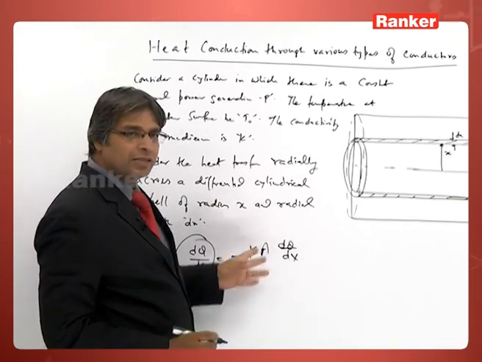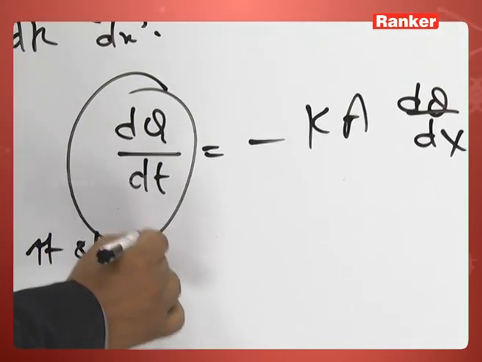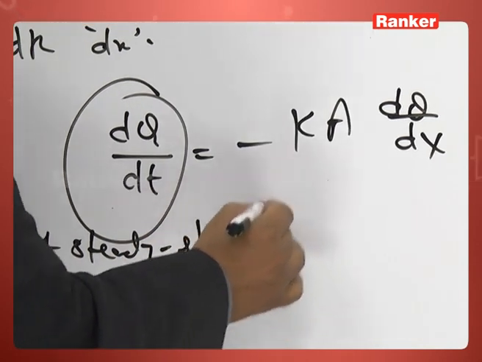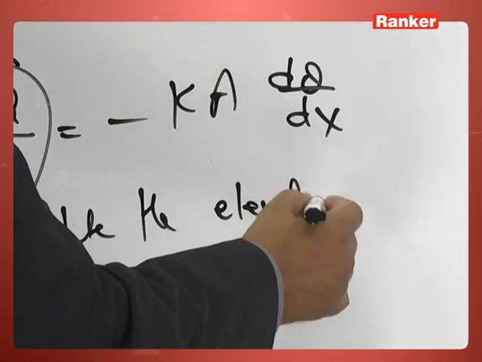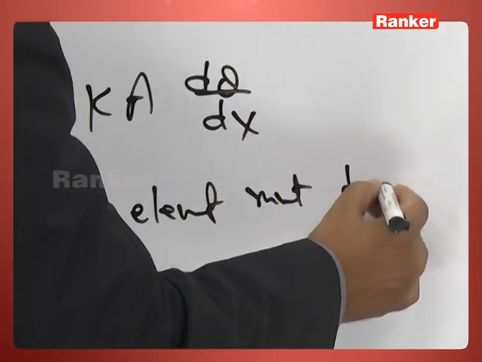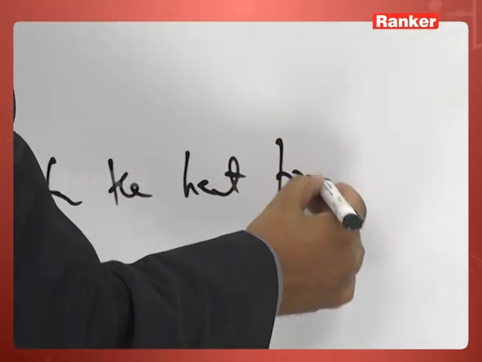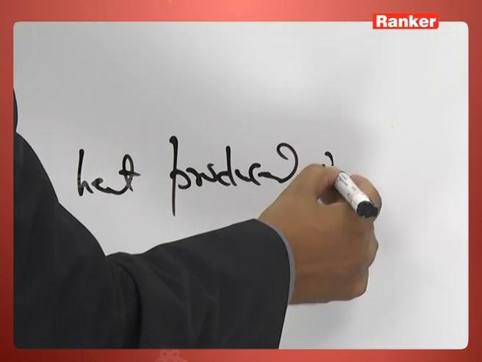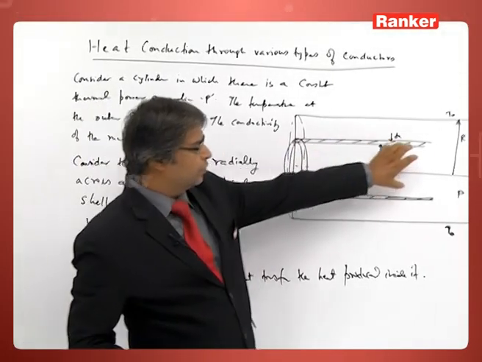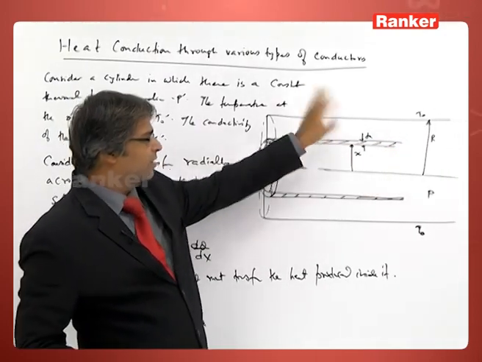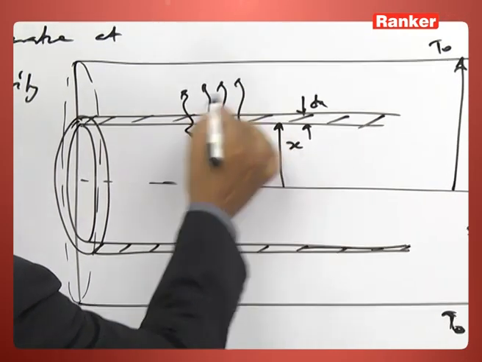This is given by this law, and at steady state the differential element must transfer the heat produced inside it. That means, whatever the heat is produced inside the cylinder, that must be transferred outside through this area.